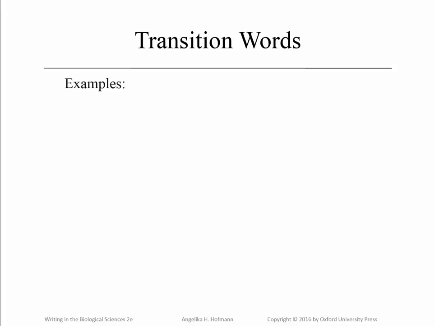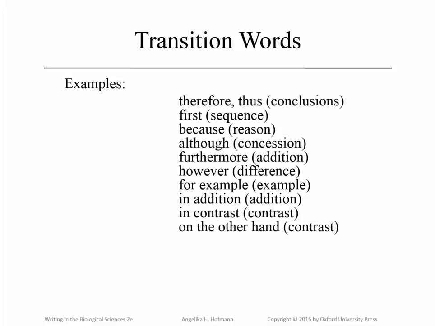Some of the words that we often will use for transitions you can see here, and they typically will go with certain ideas. So if I want to let you know that I'm drawing a conclusion, I will often say therefore or thus. If I want to add to something, I might say furthermore. If I want to show you there's a difference, I might use however.